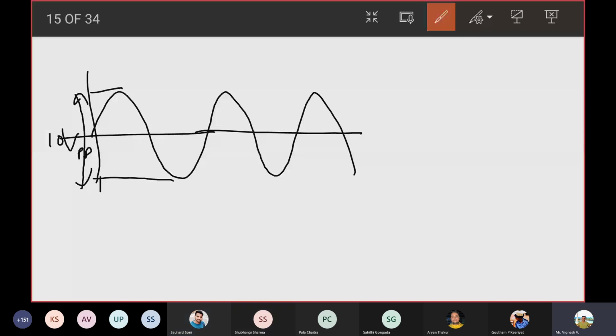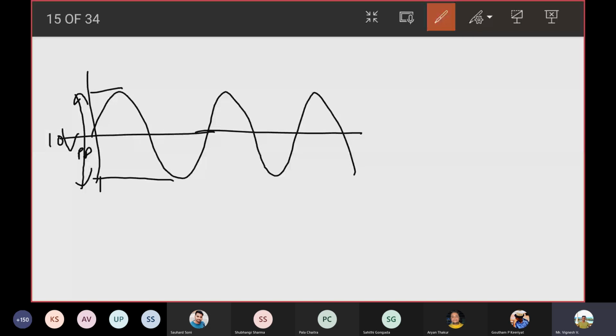All right, so if this is the peak to peak, this is plus 5 volts and this is minus 5 volts. So Vm is 5 volts. When you feed this into a half wave rectifier, the output average value would be 5 divided by pi.